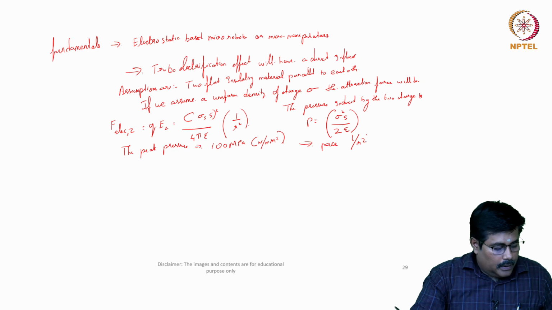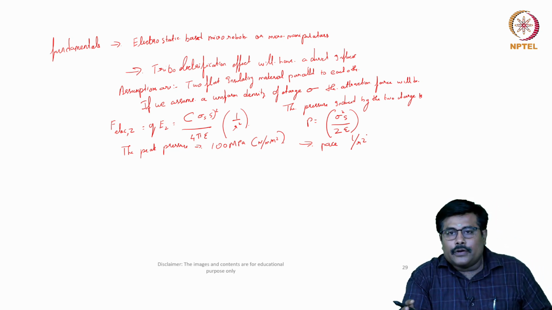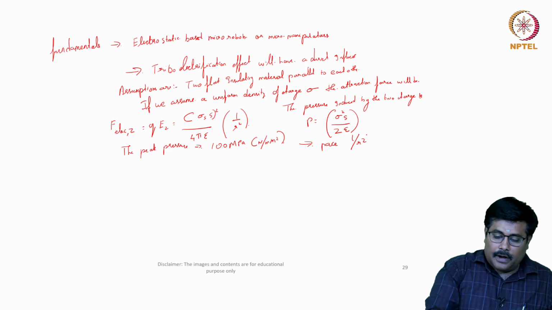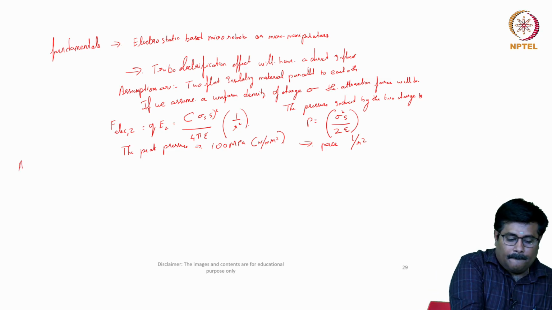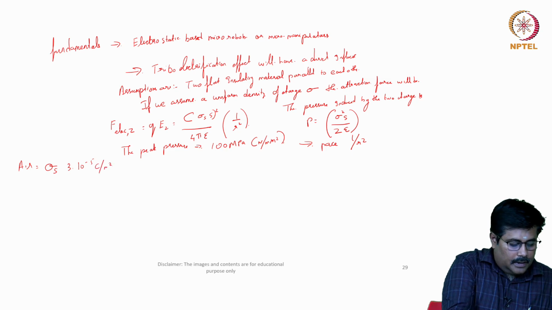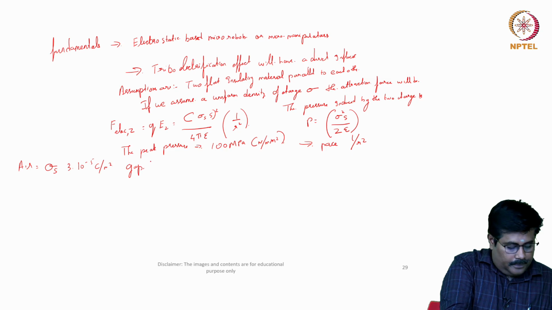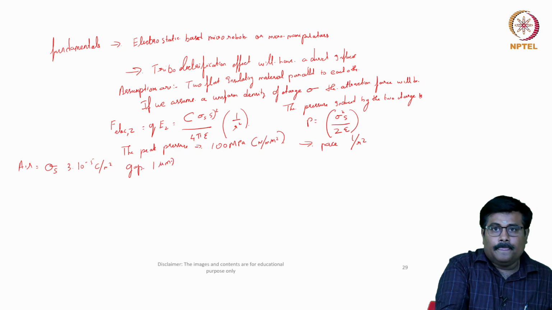The typical order of magnitude of the charge density for air is in the range of sigma S 3 to 10 power minus 5 per meter square, where the gap is close to around 1 micrometer.